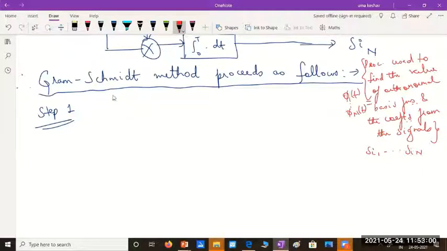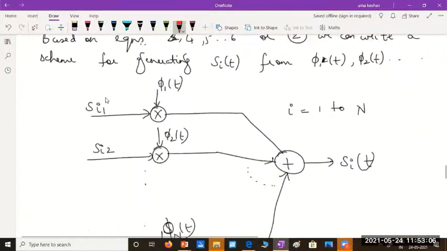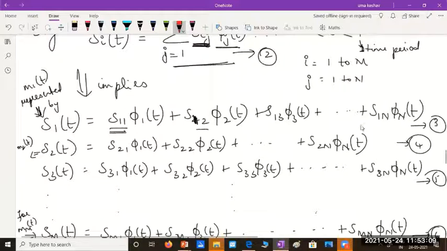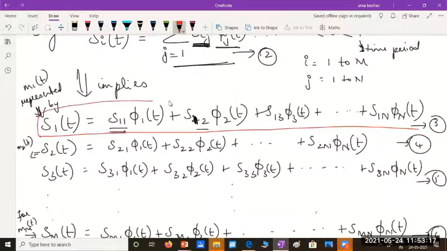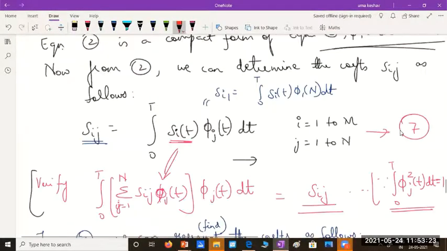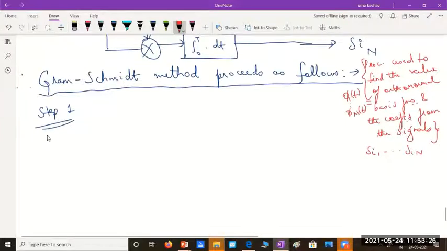So let's do step 1. As per step 1, I think we had named this first as equation 3, S1. Let's consider this equation. From equation 3, we are going to follow something similar to our AC circuit analysis.